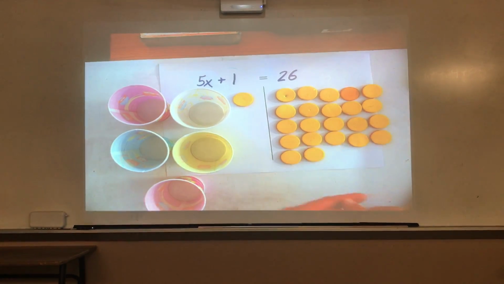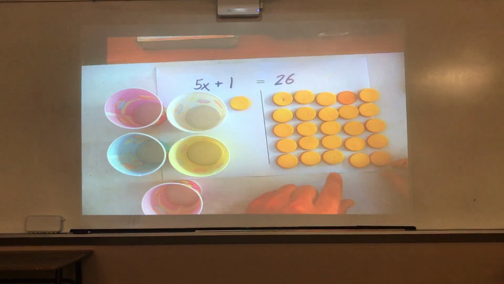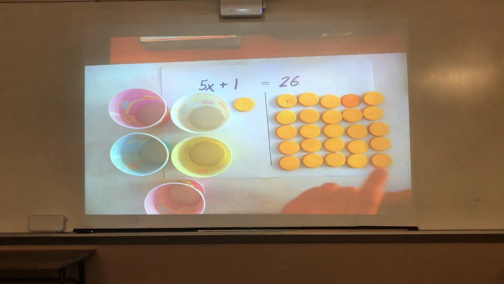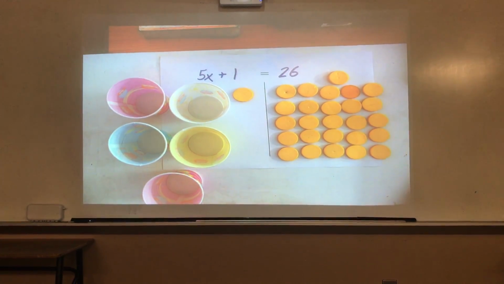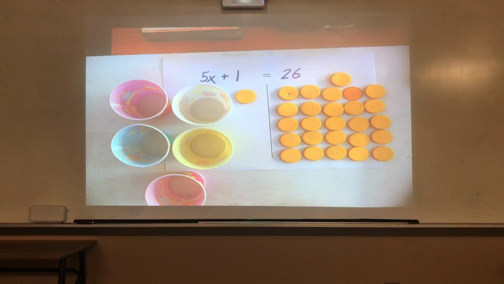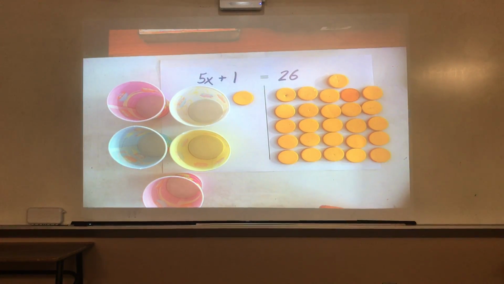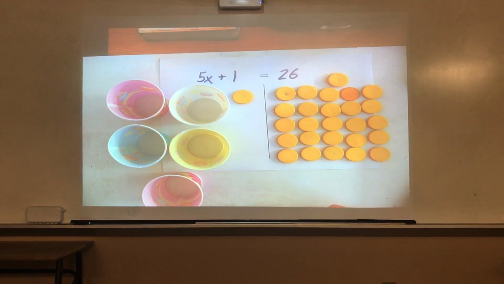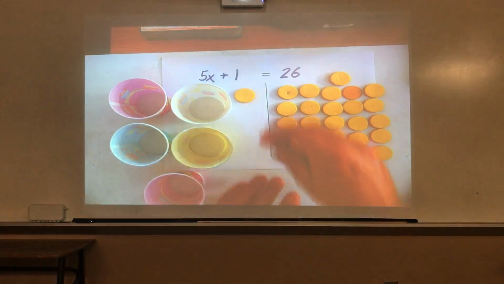Alright, we're just about there. Alright, we got 26 positive tokens, and we got 1 over on the other side of the equal sign that we have to get over to the other constant on the right side of the equal sign. So by doing that, we're going to have to subtract 1.